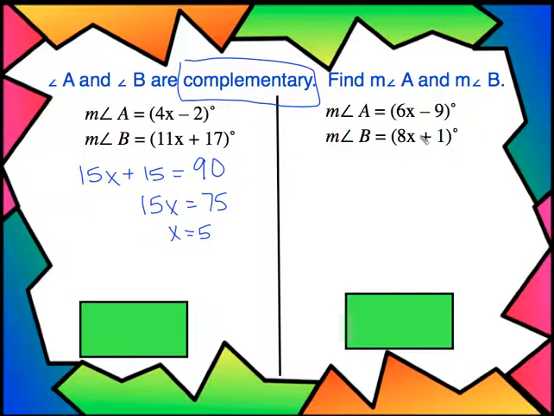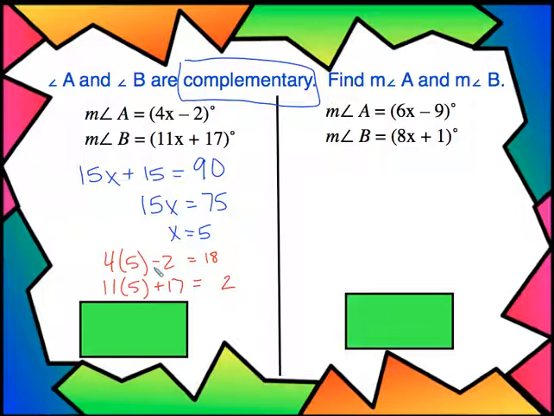Now once I get x, it's asking for a and b, so I've got to plug it into x. So 4 times 5 minus 2, and 11 times 5 plus 17. Just plugging it into these two equations. So 4 times 5 is 20, 20 minus 2 is 18. 11 times 5 is 55, plus 17, let's see, 55 plus 7 would be 62.